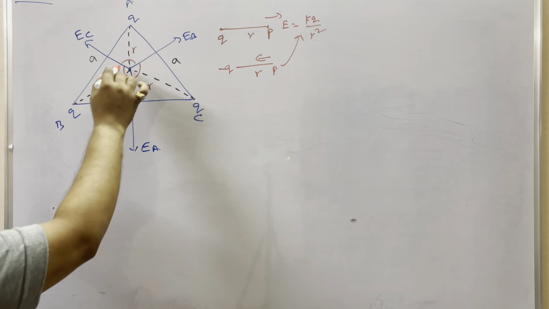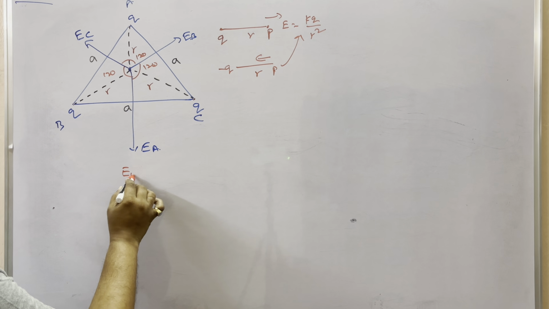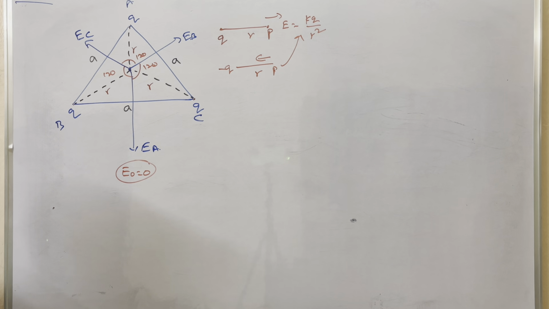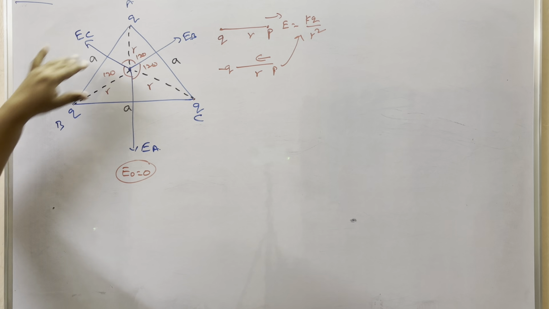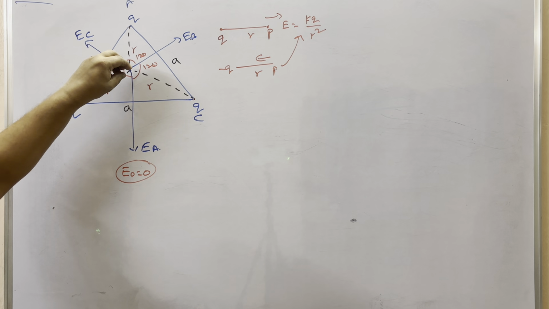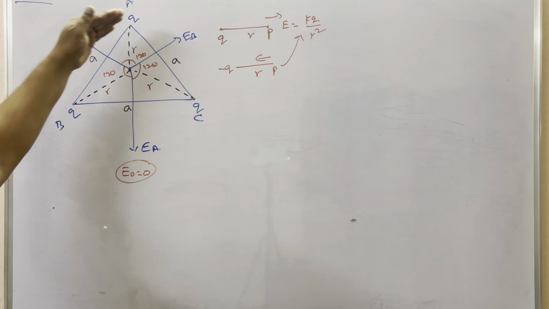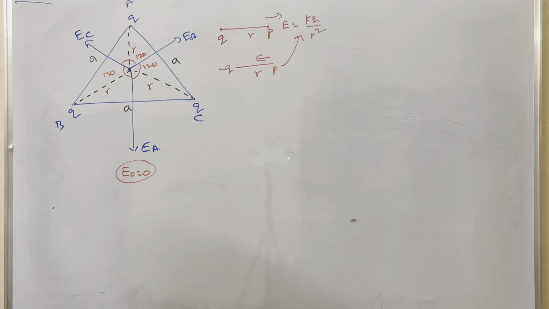Therefore, all these vectors are at 120 degrees. Resultant is going to become 0. Electric field at center is 0, even electric force also 0. So in force, whenever all these three charges are the same, the resultant force is 0 at center. Same like that, when all the charges are the same, resultant electric field also will be 0 at center.